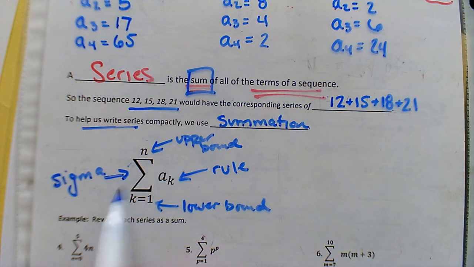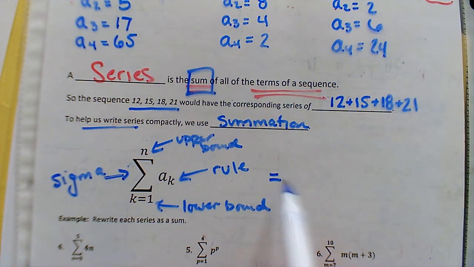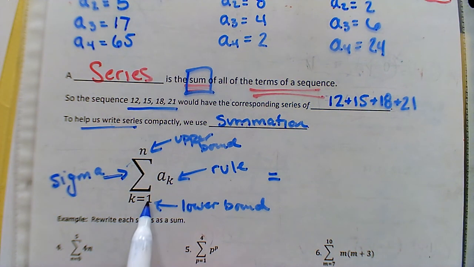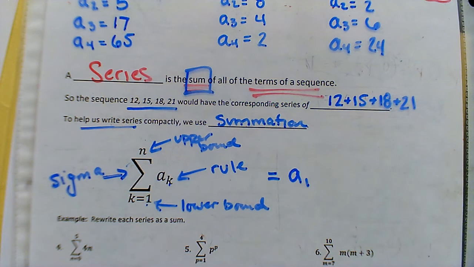So in terms of this generic written sigma, or summation, you're going to start with a value of 1, and you're going to keep plugging in each integer up to n. Integer meaning a whole number. So if we plug in 1 for k, that would look like a sub 1.